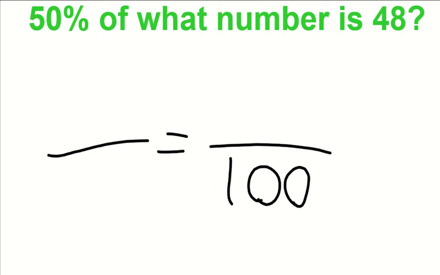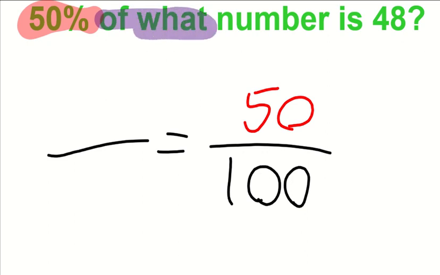Here is why. I have a percentage, right? Percentage, 50. That goes there. It says of what? So if I'm doing is over of, what means we don't know the of. And then it says is 48.